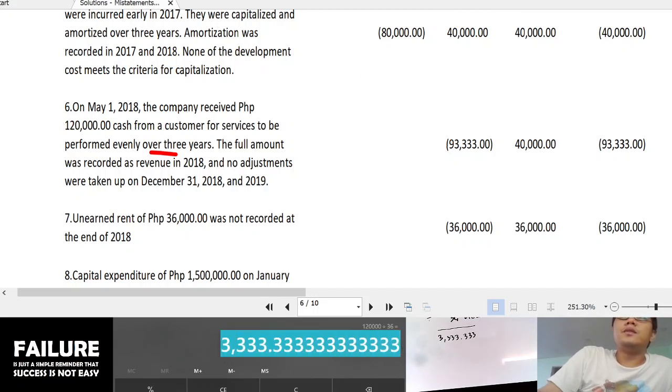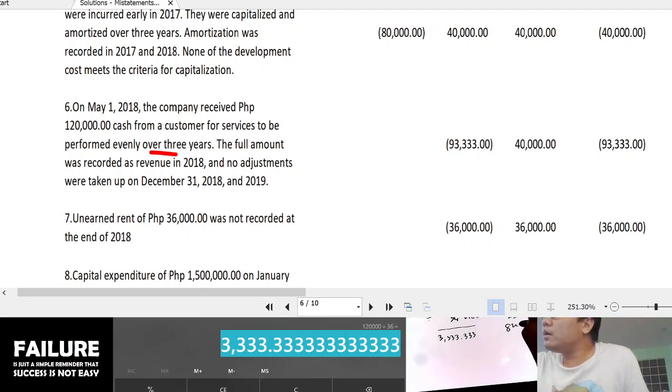So, the point is, in 2018, ang revenue lang sana is that, if we count it from May 1 to December 31, 2018, that is May, June, July, August, September, October, November, December. That is 8 months only.